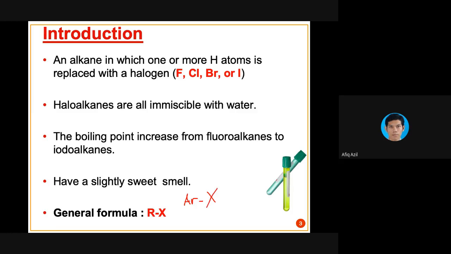This is if you have an aromatic group, like benzene, attached to one of these halogens. R is actually alkyl, so that means any group from an alkane. The simplest can be one carbon, from methane it becomes methyl, then ethane becomes ethyl, and so on according to the number of carbons.